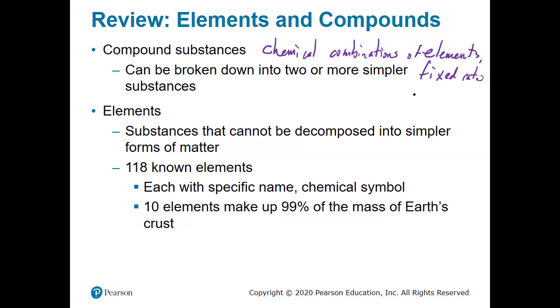What we mean by that is, if I'm looking at water, water is always going to have a fixed ratio of hydrogen and oxygen, and that ratio is 2 to 1. If I change that ratio from 2 to 1 to 1 to 1, I change the very nature of the compound itself. And changing the very nature of the compound changes its physical and chemical properties.